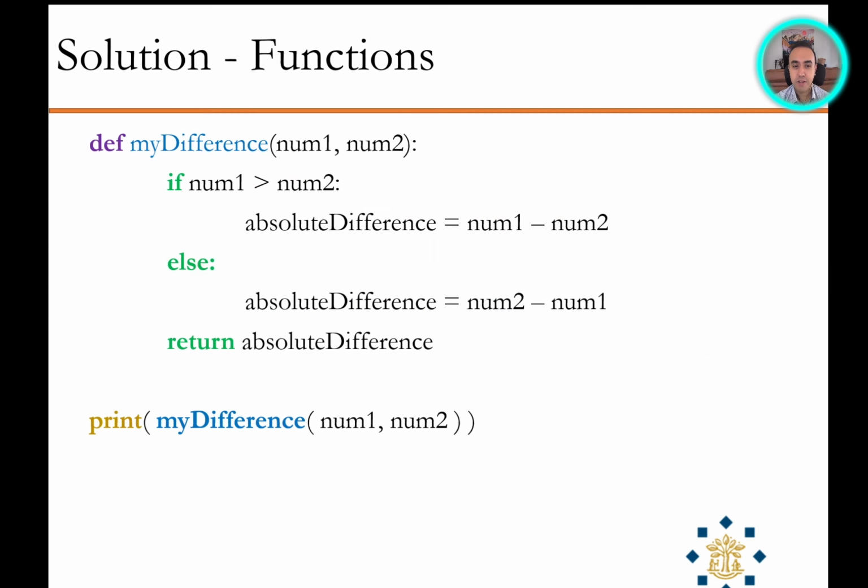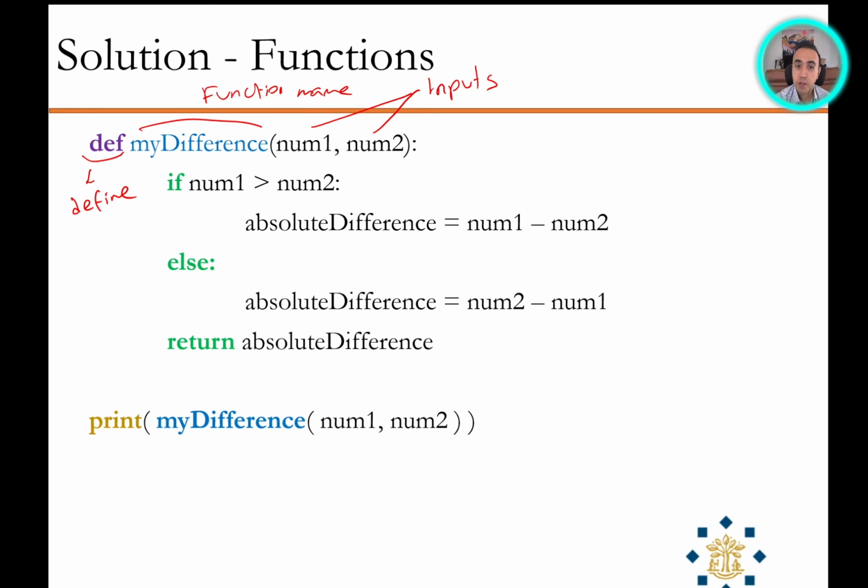And here is the inside of this function. So we go def, so this stands for define, the function name, and the inputs. Currently, we don't know what these inputs are, but we are going to write code on them.